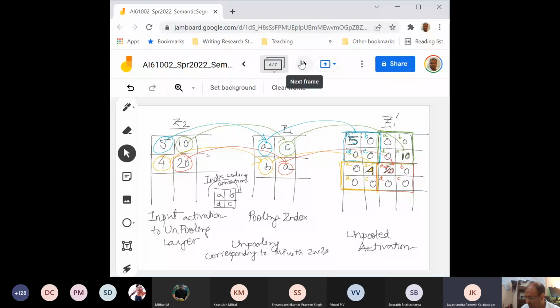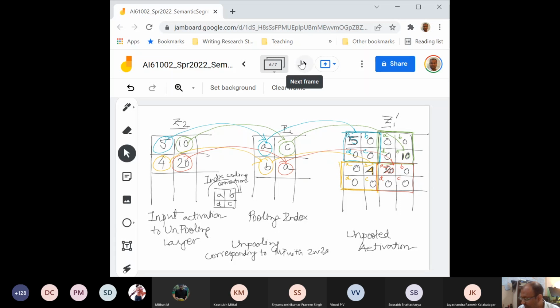So we are checking whether the chosen location is the same as the location shown in the pooling index. If yes, then replace with the Z2 value, or else put 0. So there is one check. A check is a logical operation. For every location you are doing a logical operation, then an assignment operation.